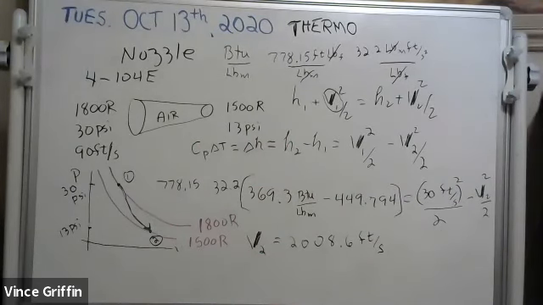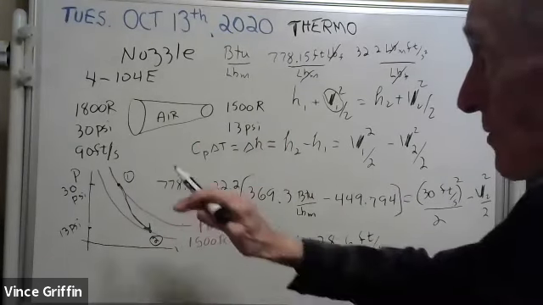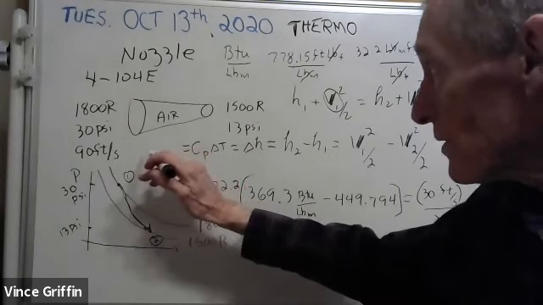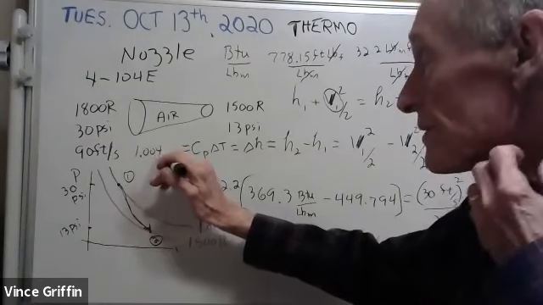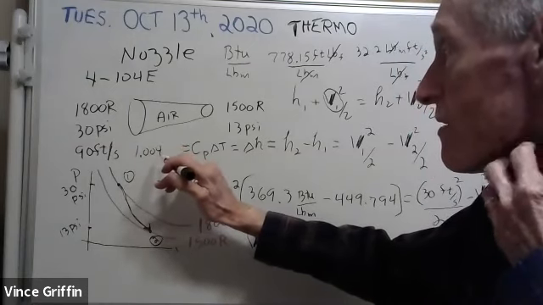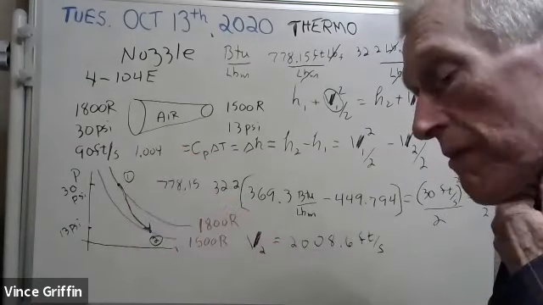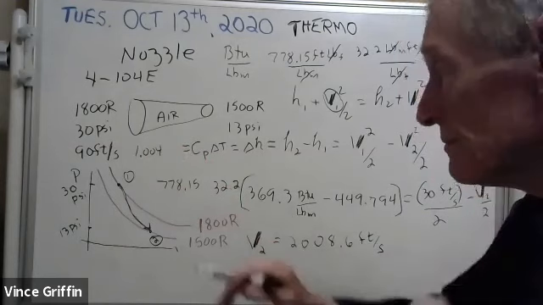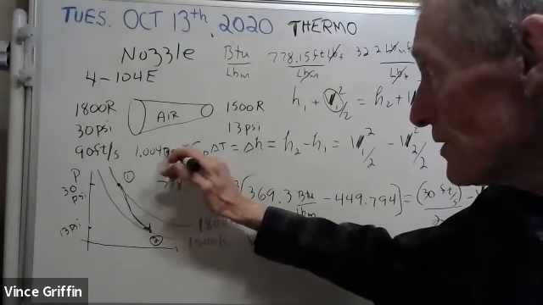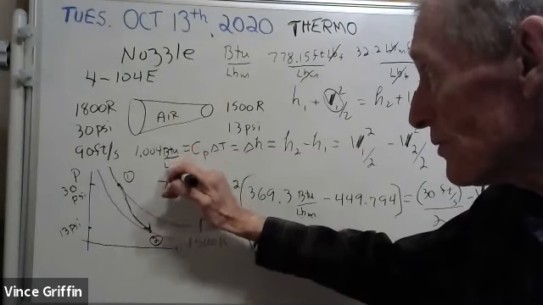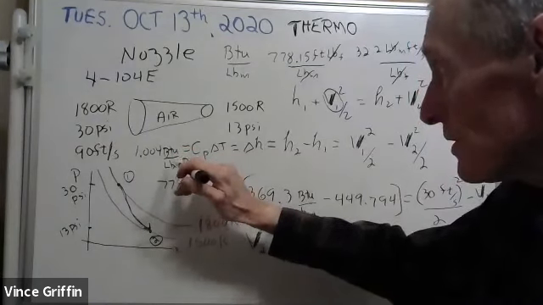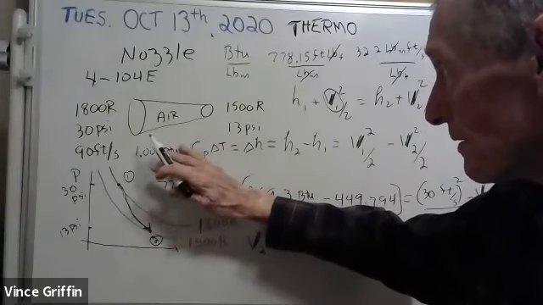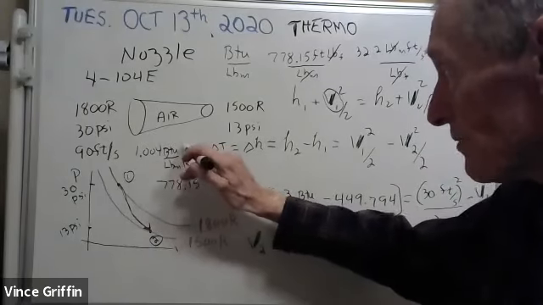Now, C sub P for air, I happen to have memorized. It's 1004. Is that right? BTUs per pound mass, Rankine. Oops, I didn't leave room for my delta T, did I? Let me scoot that over there.